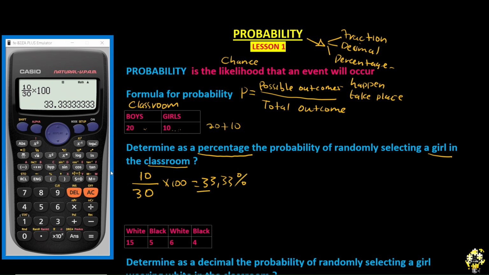So this is the percentage form. So we have answered the question. First, this is what is possible at the top. And down here we have the total outcome. For the total outcome, we simply add all the learners who are in class.